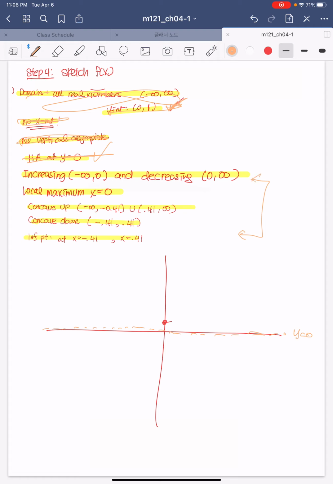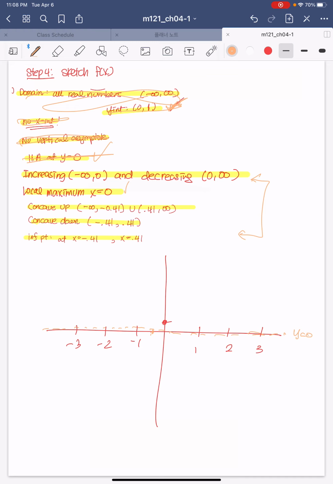So 0 is an important point because that's a local maximum. And then we have these numbers that we need to partition. So if this is negative 1, negative 2, negative 3, and positive 1, positive 2, positive 3, negative 0.41 is kind of like over here.